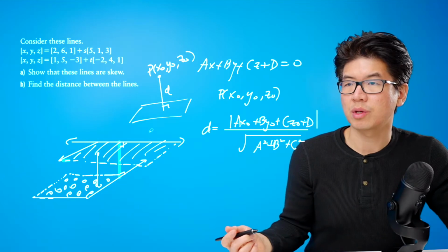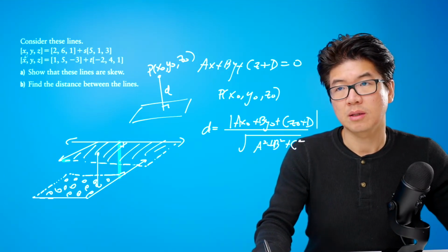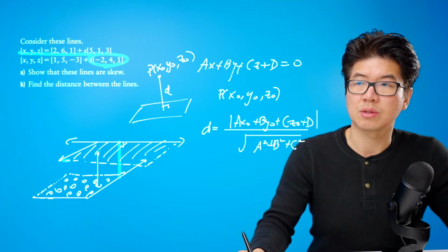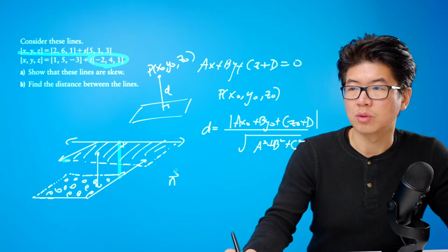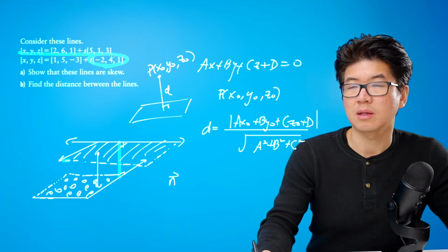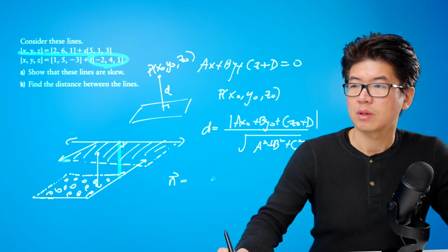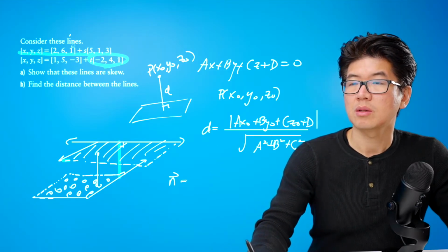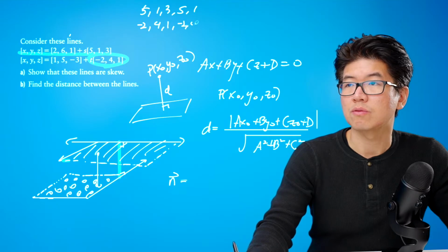So what do we have to do here? We need to find an equation of a plane that contains this line entirely, but also contains this direction. So we have two directions, so we can find a normal. The normal we can get by, let me write it up here, the cross product of 5, 1, 3 and 5, 1, negative 2, 4, 1, negative 2, 4.